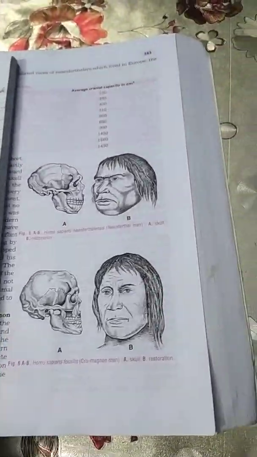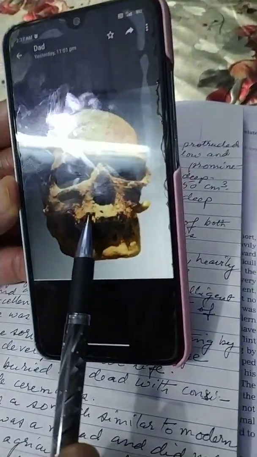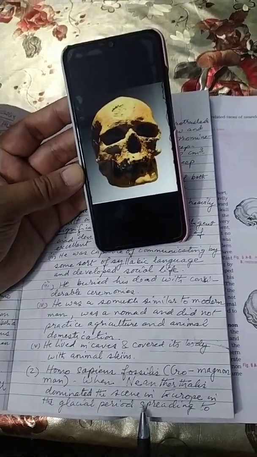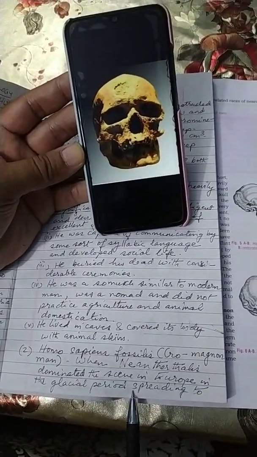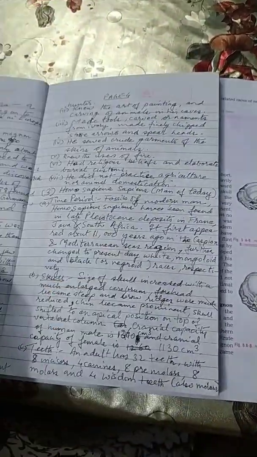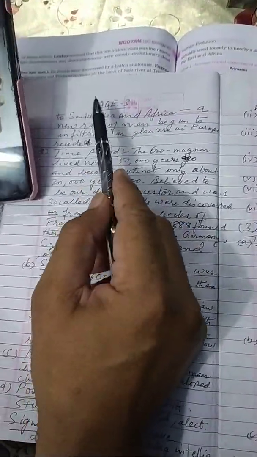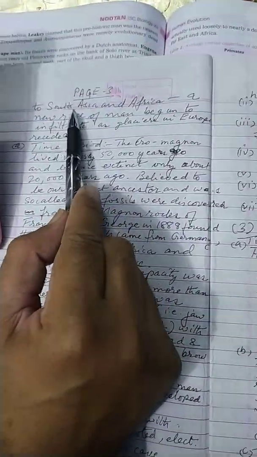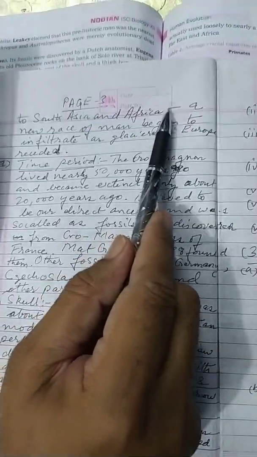You see here the Cro-Magnon man, and his real fossil that was excavated and brought out. The Neanderthal man first dominated the scene in Europe in the glacial period, and they spread to South Asia and Africa.